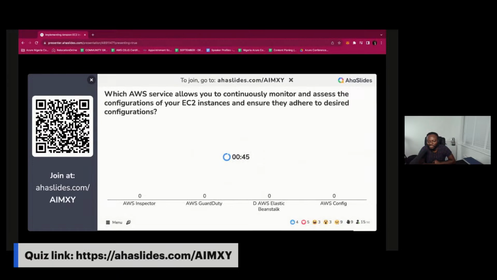So we got AWS Inspector, AWS GuardDuty, AWS Elastic Beanstalk, and AWS Config. So you got 20 seconds to go. So you have to finish hard, guys.